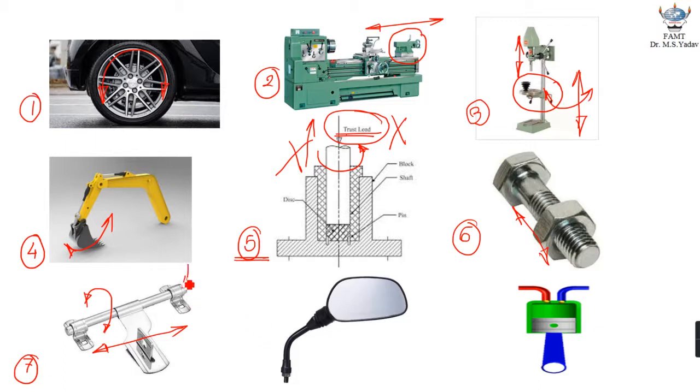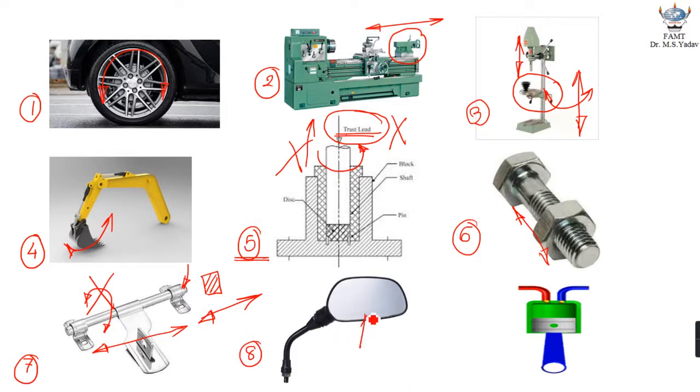Instead of having a circular rod over here, if I use a square section rod in this practical example, then the twisting will be automatically restricted. It will only allow it to slide. In that particular case, this becomes a completely constrained motion.